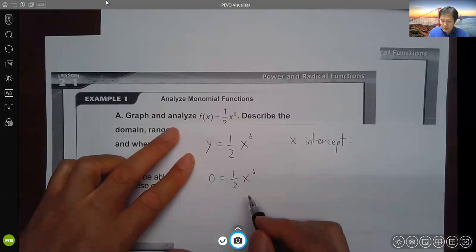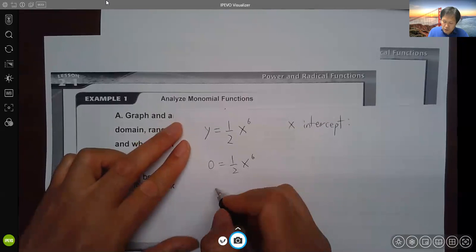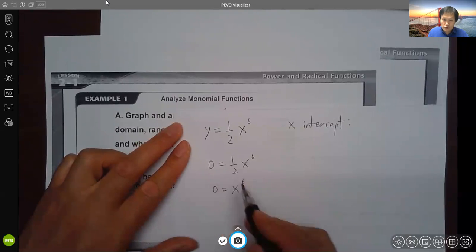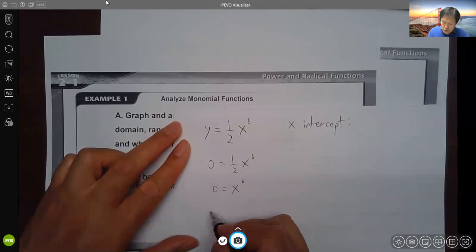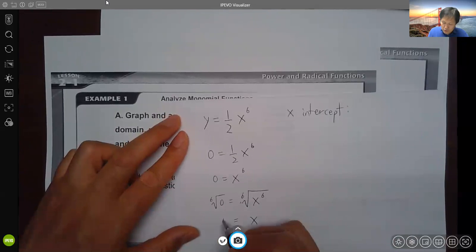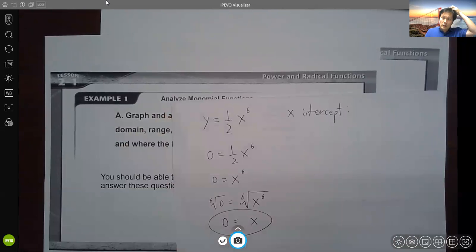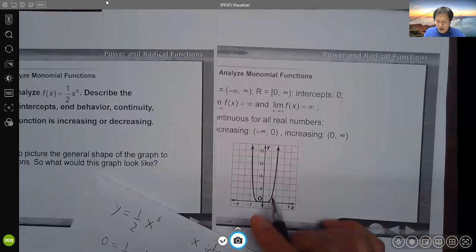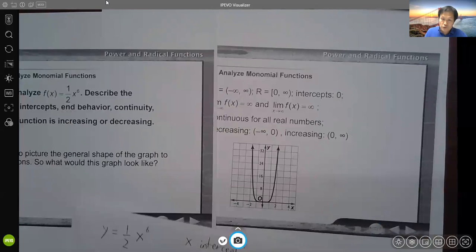We're solving for x. Multiply both sides by 2, so 2 times 1 over 2 disappears. Take the sixth root of both sides. x equals 0. That's the answer.